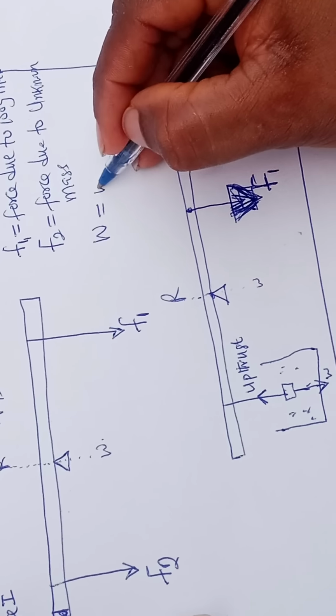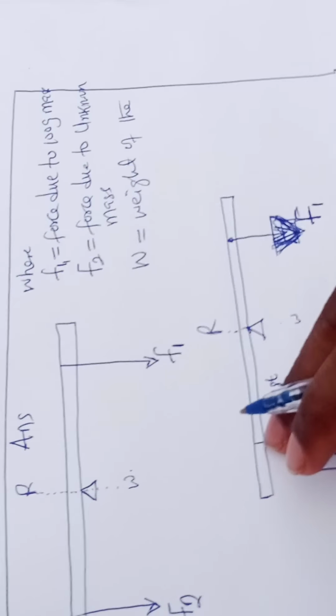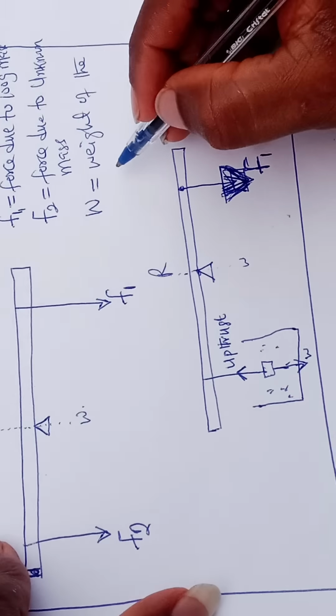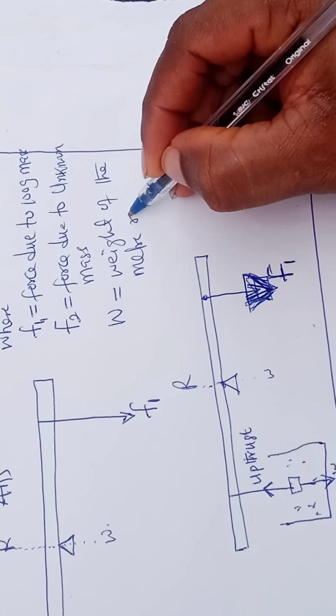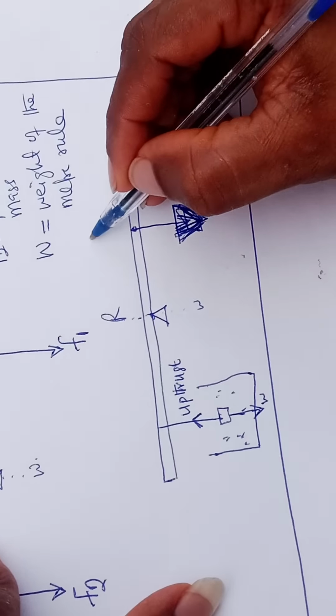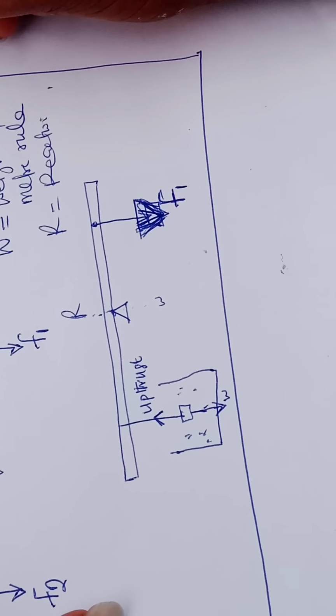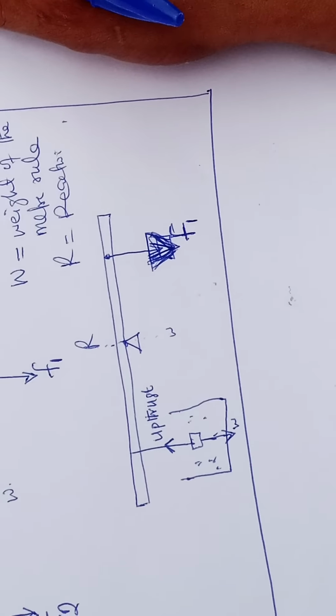W is equal to the weight of the meter rule. R is the reaction. So if you take it like this, it is correct.